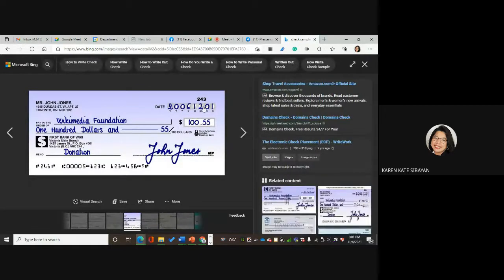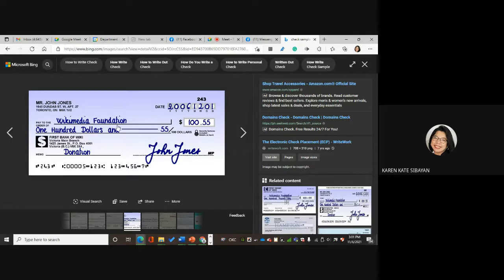So this is the date. Okay. This is the amount. This is the word na katumbas. So, para saan daw yung check na ito? For donation. Ito yung signature. Para kanino? Kay Wikimedia Foundation.